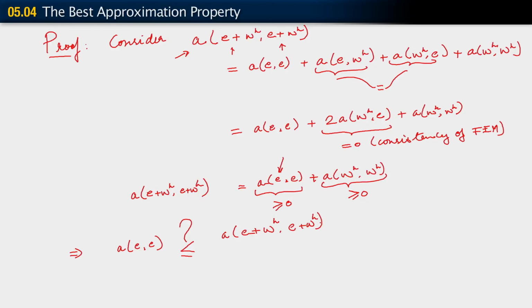In order to proceed, let me go to the next slide. I'm going to rewrite this term differently. Okay, the term on the right-hand side. Note that A of E plus WH, comma E plus WH is equal to A. Now the error, I'm going to rewrite the error in terms of the finite element solution and the exact solution.